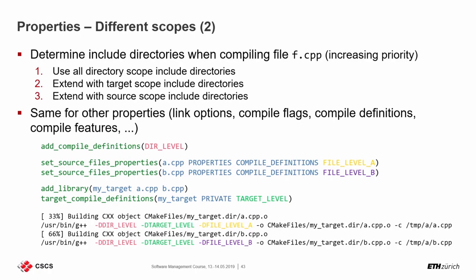So this one is only used for b. The directory and the target levels are for both of them because they are in the same target and in the same directory. And the order is from the least specific, which is the directory, to the most specific, which is the source. So this one comes last. And this holds for all properties.